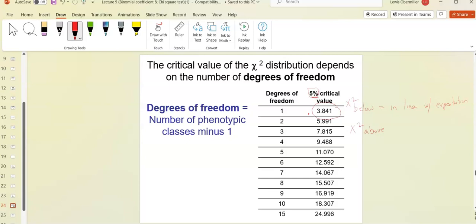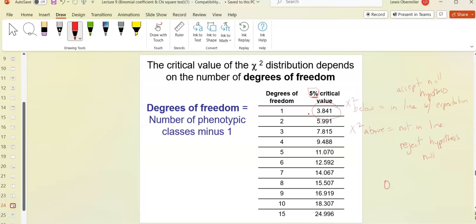So if our chi-square value is above our critical value, in this case if it's bigger than 3.841, then something weird is going on. It's not in line. We reject our hypothesis that it follows Mendel's rules. So we reject the null hypothesis. Right? And here we would accept the null hypothesis.